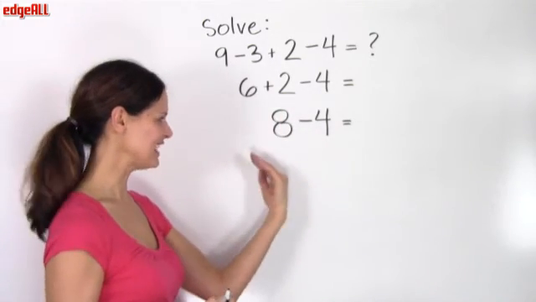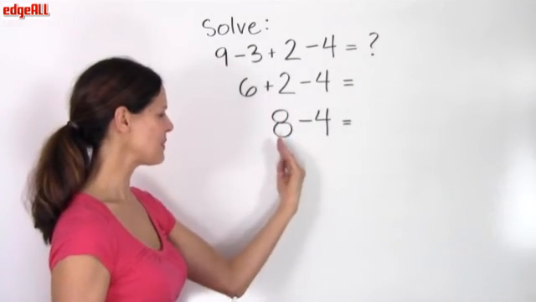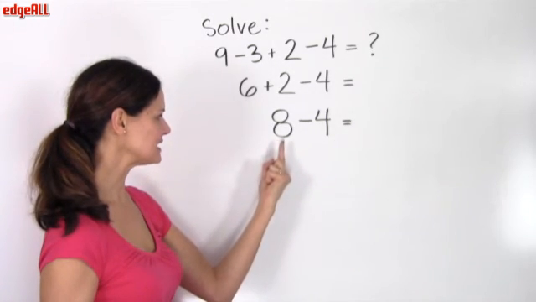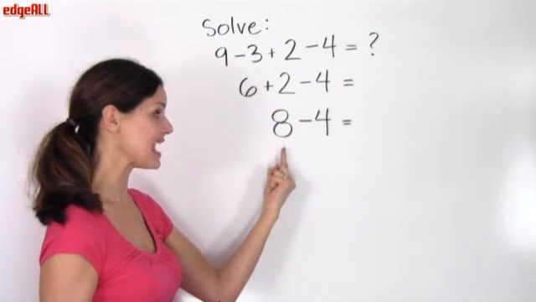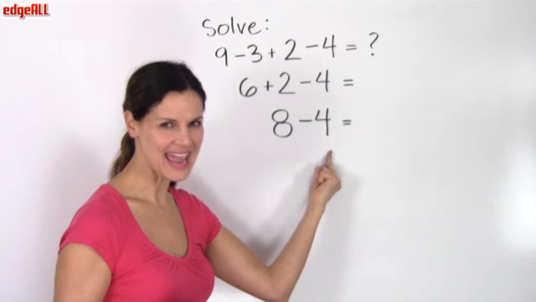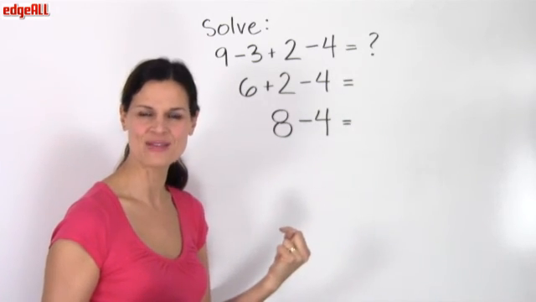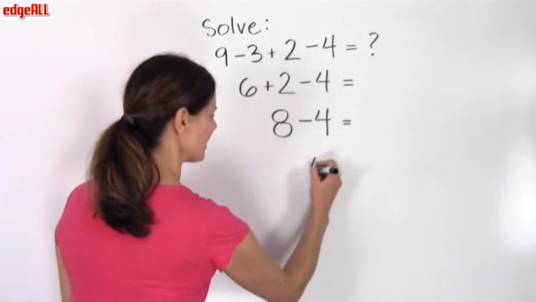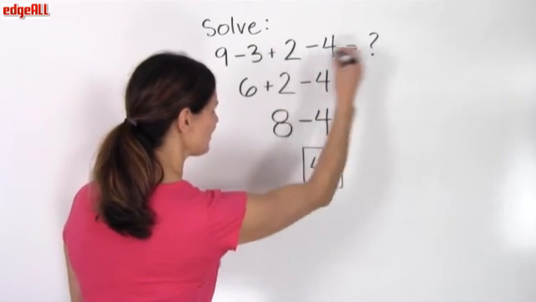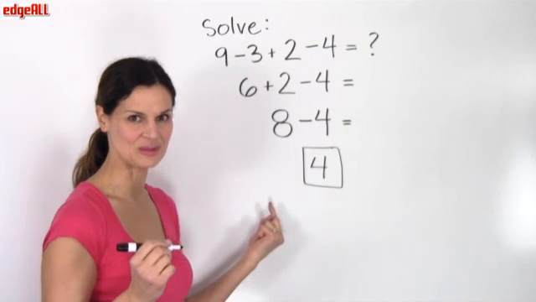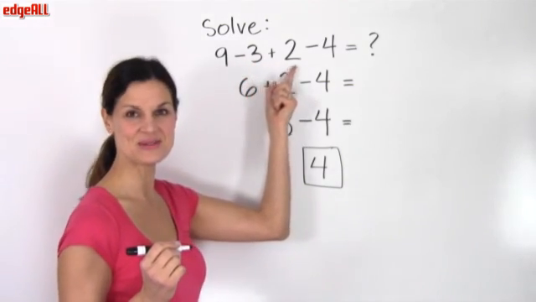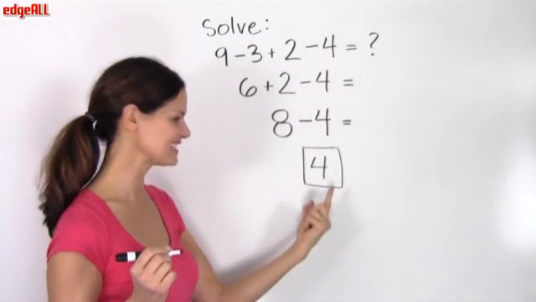Working again from left to right, I take my numbers and I perform the calculation. So it's asking me to do 8 minus 4. And I know that if I have 8 objects and I take 4 of them away, I am left with 4. So the answer to this very complex addition and subtraction problem is 4. 9 minus 3 plus 2 minus 4 equals 4.